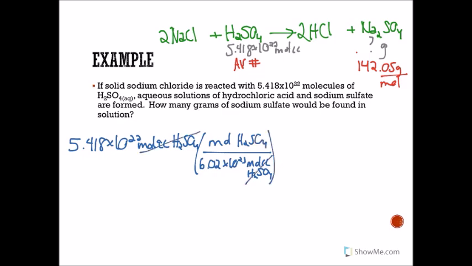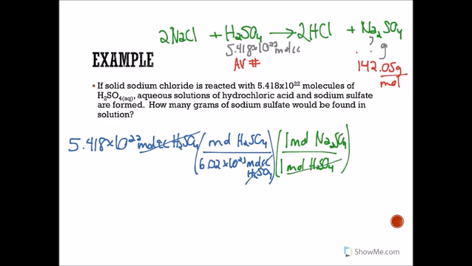Once I've done that, I've converted to moles, I need to use my molar ratio. So we only have 1 mole of sulfuric acid, and we're looking for sodium sulfate, which is 1 mole of sodium sulfate.